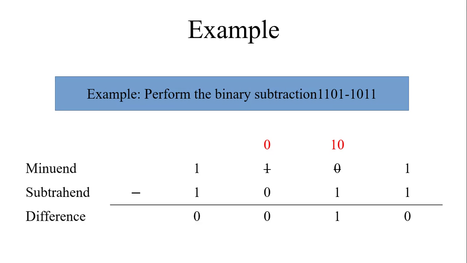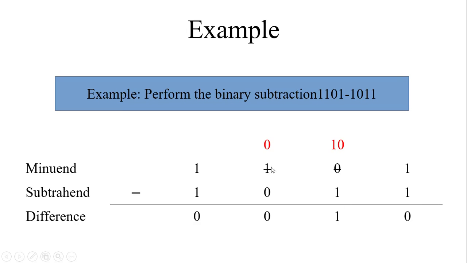Example: perform the binary subtraction of 100110 minus 1011. So this is the minuend, and this is the subtrahend. So 1 minus 1 is 0. 0 minus 1: here we will apply the 4th rule.